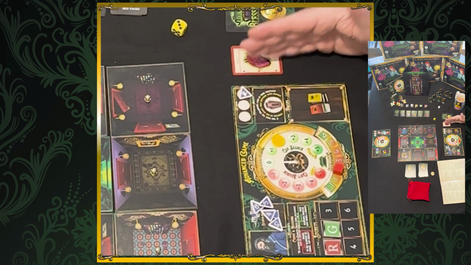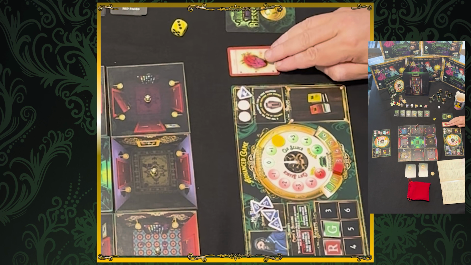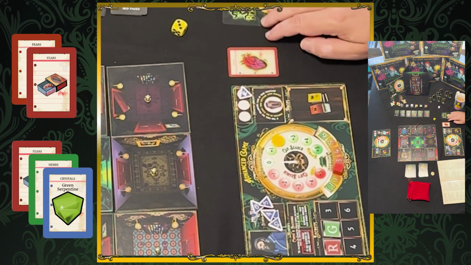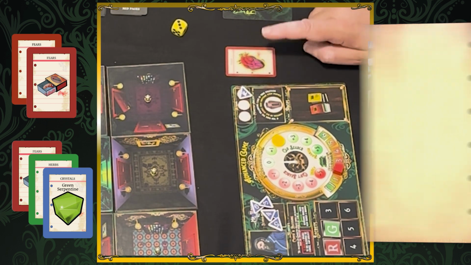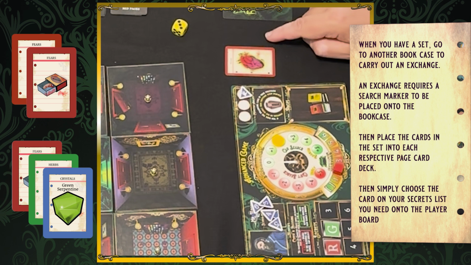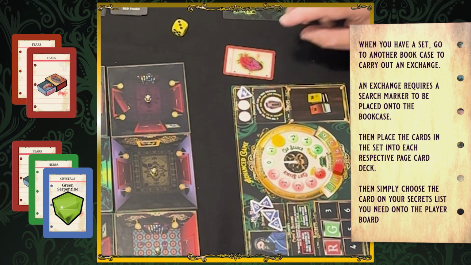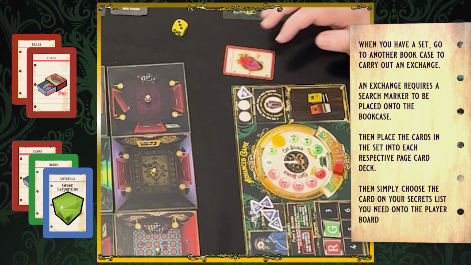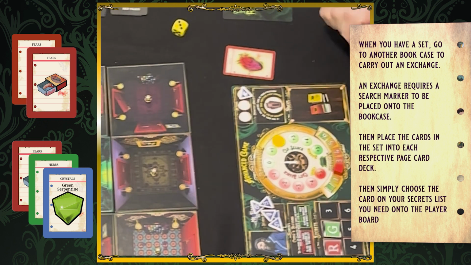When we've got the page cards here, if they don't match, what we can do instead is set up sets of cards. So I can either have 2 reds, or a red, a green and a blue. That would also be a set: 3 different colours, or 2 of the same colour. Once I've got those sets, I can go to another room and exchange them for exactly the card I need that's in the deck of the relevant page colour.